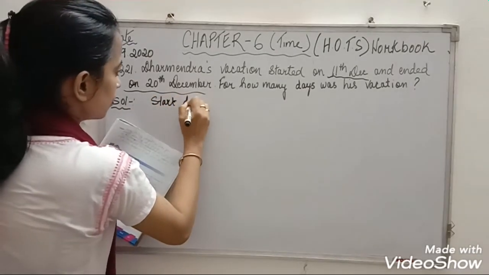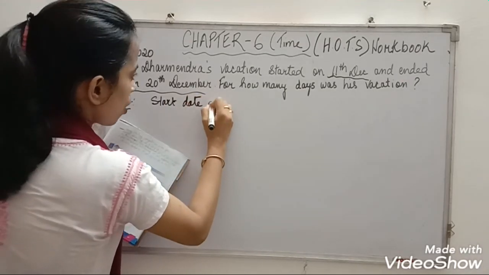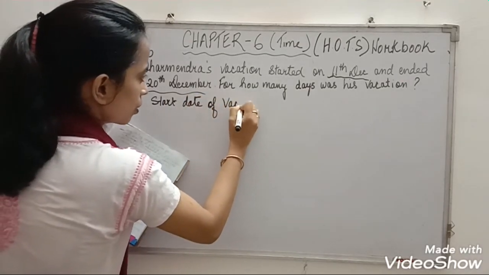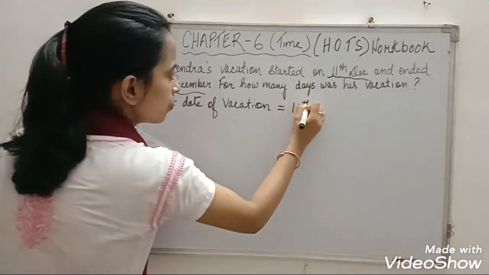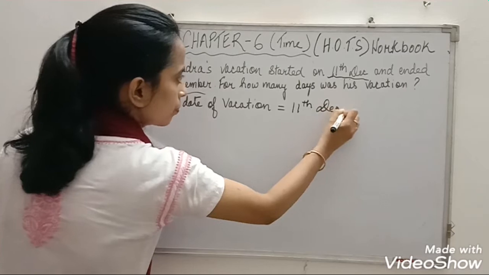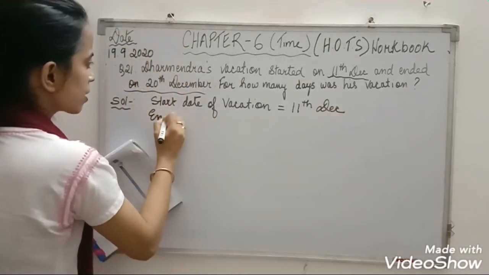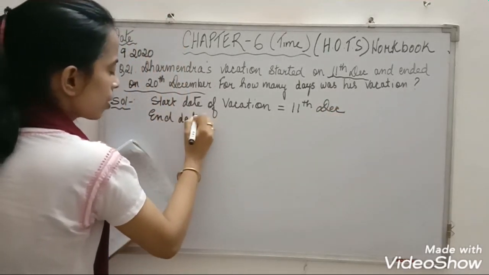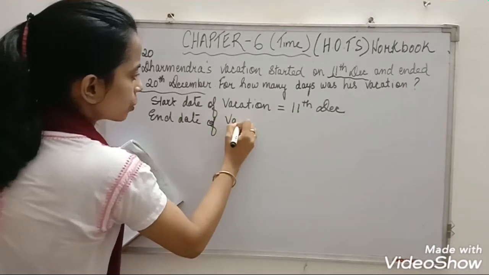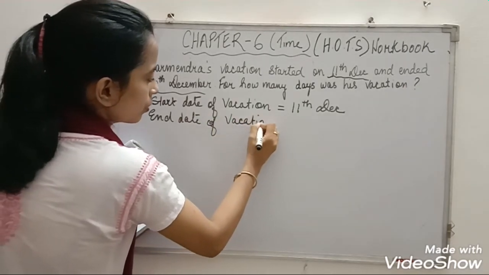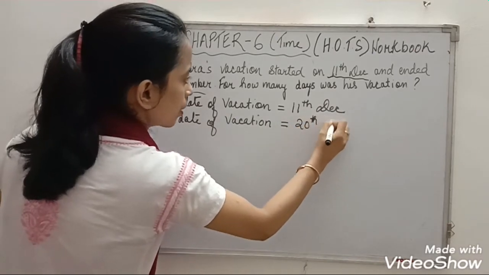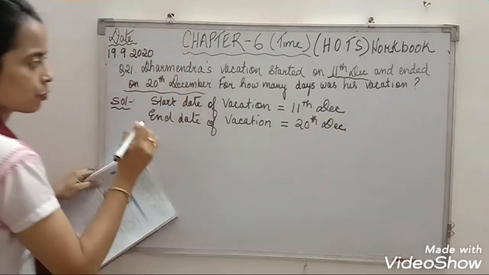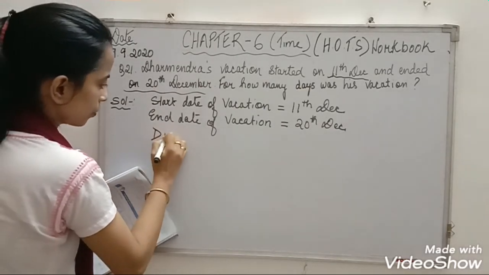Start date of vacation: what is the starting date? 11th December. End date of vacation: ending date 20th December. Now what we have to find out? Duration.